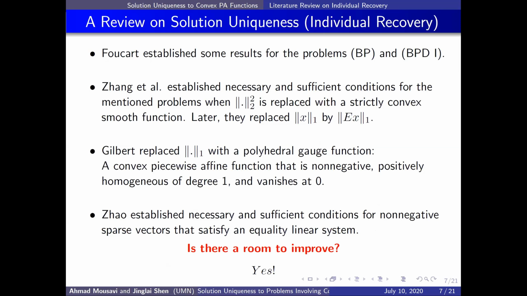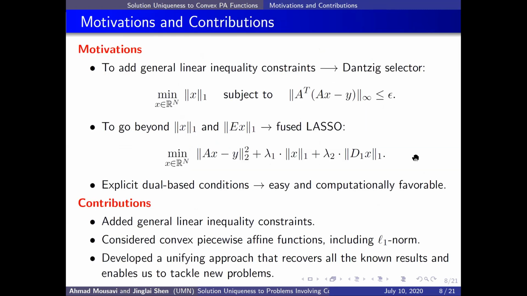So we asked, can we improve these results? We were motivated by these problems, for example, minimization of norm 1 subject to these constraints. As you can see, this is the Dantzig selector, and these constraints can be written as Cx bigger than or equal to d for some matrix C and vector d. So this is a polyhedral constraint. It motivated us to include polyhedral constraints in our formulations, and we can go beyond norm 1 and norm 1 of Ex.